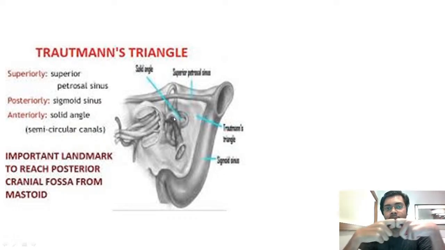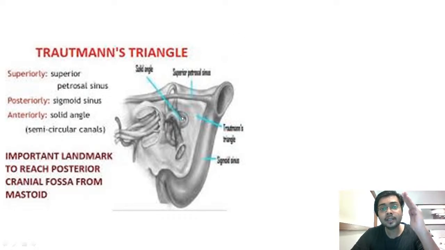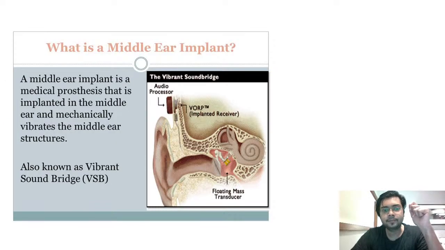Solid angle is where the superior, posterior and horizontal semicircular canals bulge and have one united point, that is called solid angle. So say with me: anteriorly is solid angle, superiorly is superior petrosal sinus, and posteriorly is your sigmoid sinus. It is an approach to the posterior cranial fossa through the mastoid.